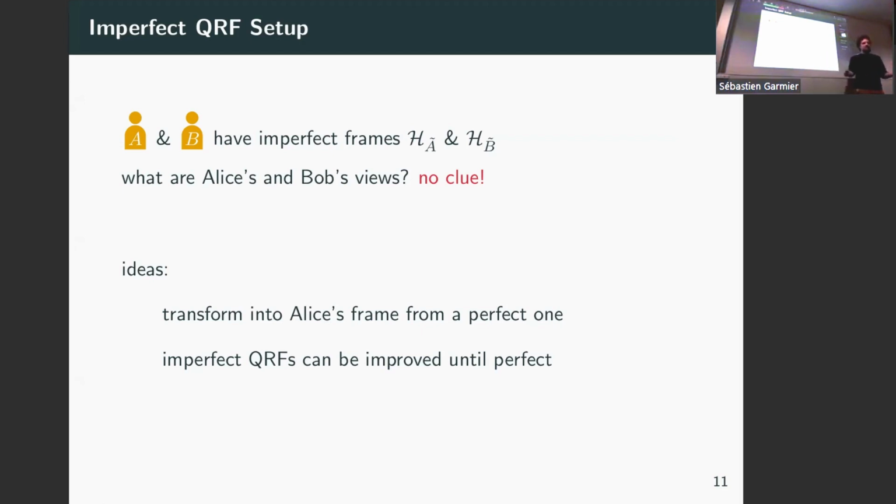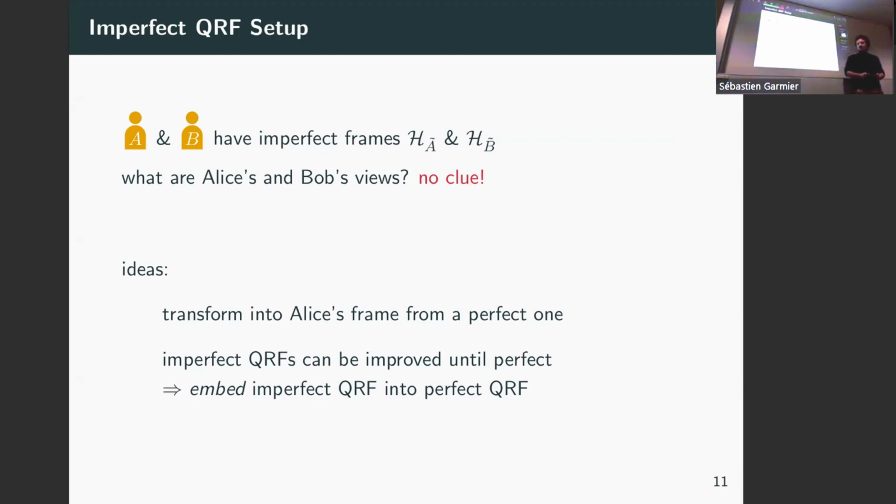Ideally we'll never get there because it's sort of impossible, but still we can think that this is in principle possible. So essentially we can think of an imperfect quantum reference frame as some sort of subset, actually subspace, of a perfect quantum reference frame. And the best way to treat this mathematically is to come up with an embedding of an imperfect quantum reference frame into a perfect one.